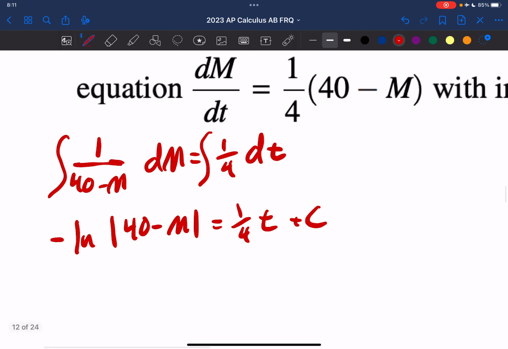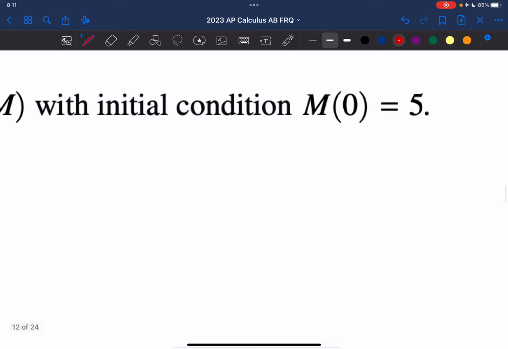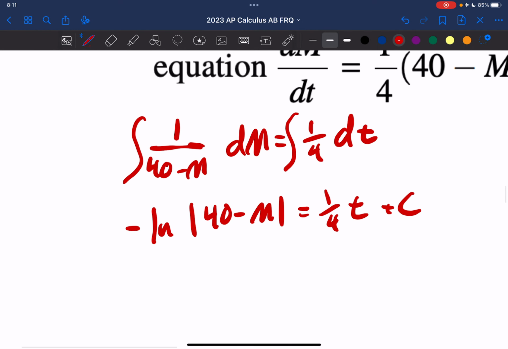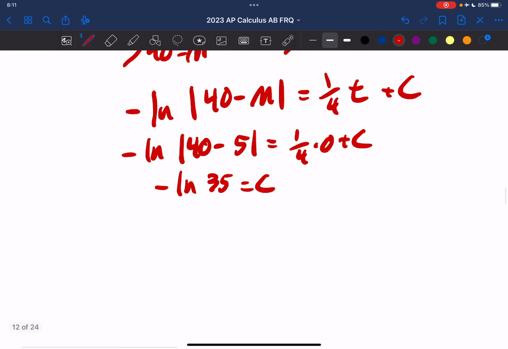This is as good a time as any to find what c is equal to using our point 0 and 5 for t and m. So negative ln of 40 minus 5 is 1/4 times 0 plus c. So our value for c is negative ln of 35.